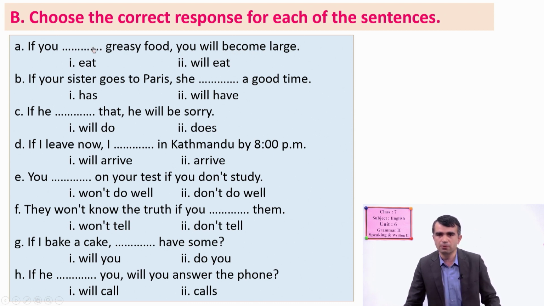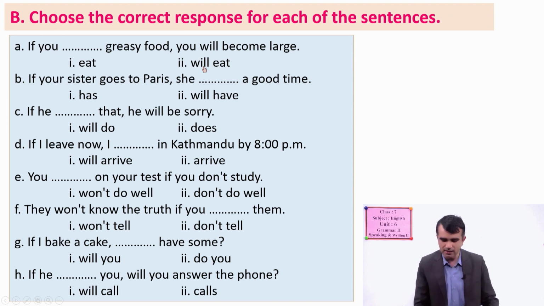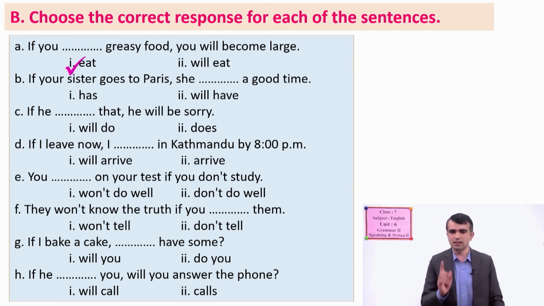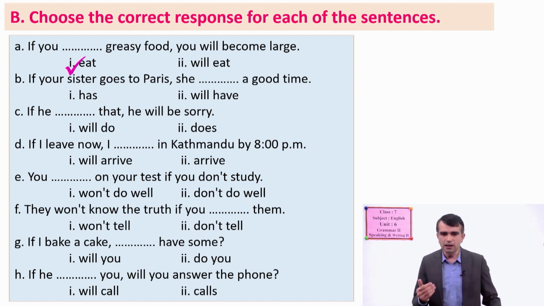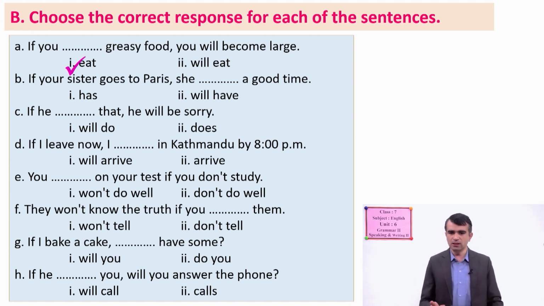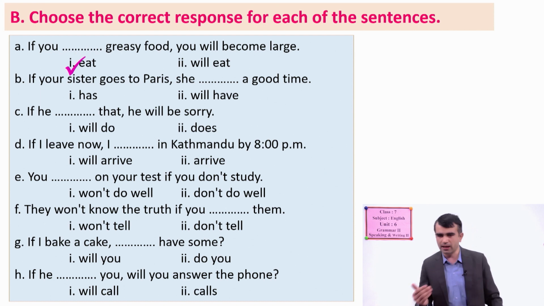So in the if part what should be there? Eat or will eat? Certainly that is eat. Very good. Okay, eat is the correct answer. In the same way, if your sister goes to Paris, she has or will have a good time?